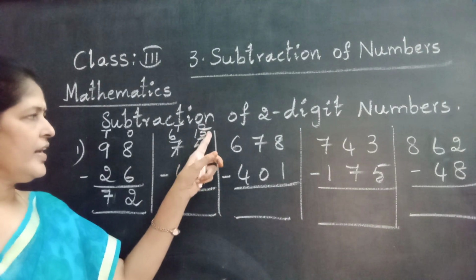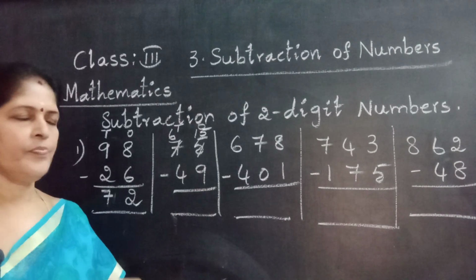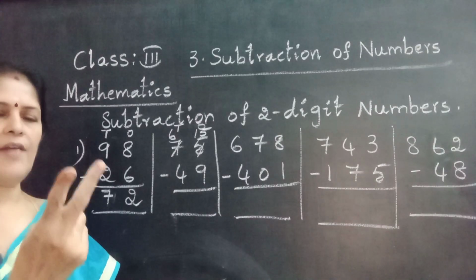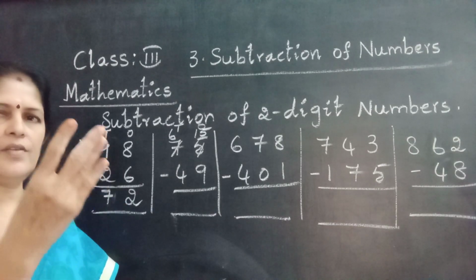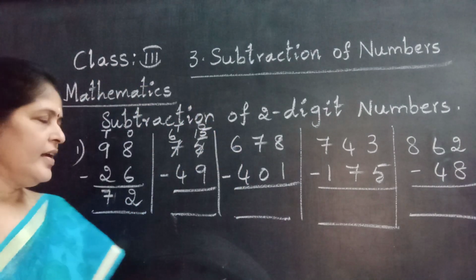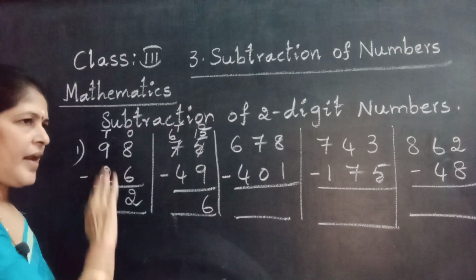Now 15 is greater than 9. Now subtraction is possible. Close fingers. 9, after it 10, 11, 12, 13, 14, 15. How many fingers? 6. That means 15 minus 9 is 6. Now subtract tens.